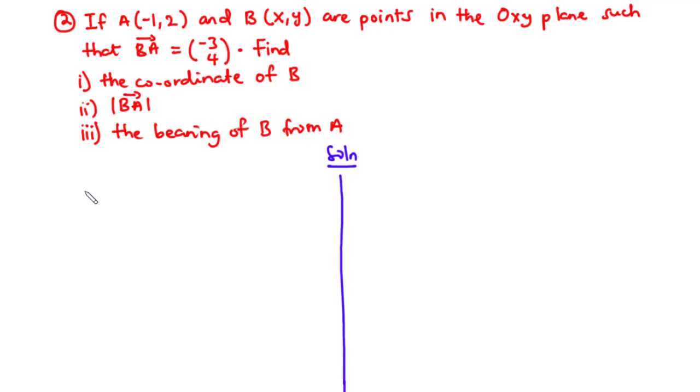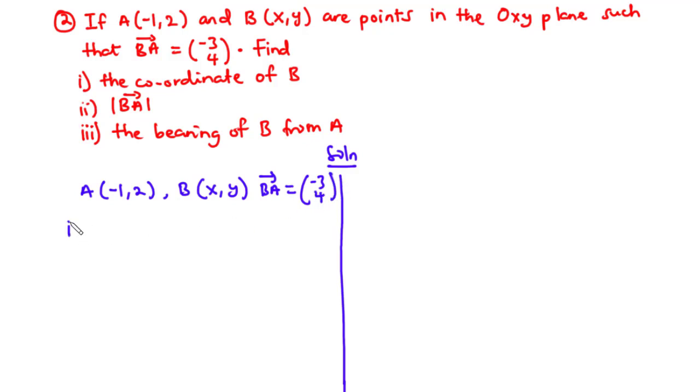Okay, so we are given point A, that is (-1, 2), and then point B to be (x, y), and then we have the vector BA, which is (-3, 4).